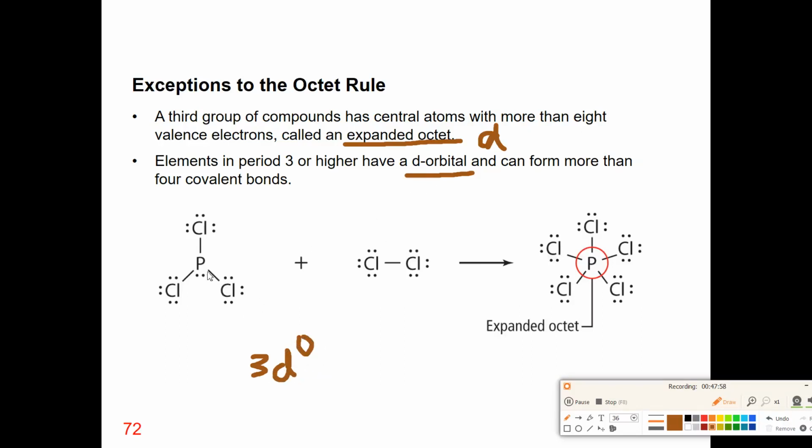However, it's available, so the d orbital can accept electrons. So it forms an expanded octet, something like that. Here it is expanded, so it has 10 electrons on the central phosphorus. These exceptions to the octet rule are not the focus of this class, but I'm going to show you, and you need to know it.